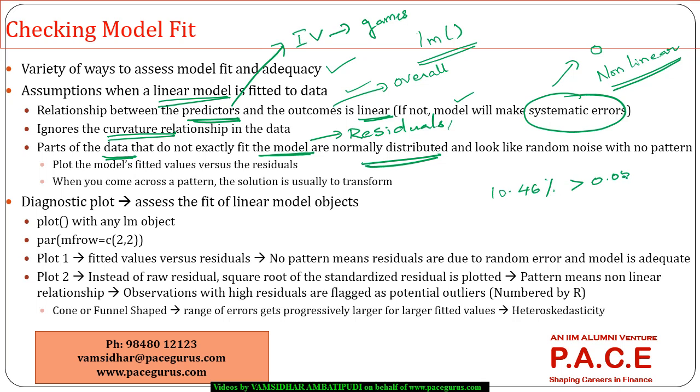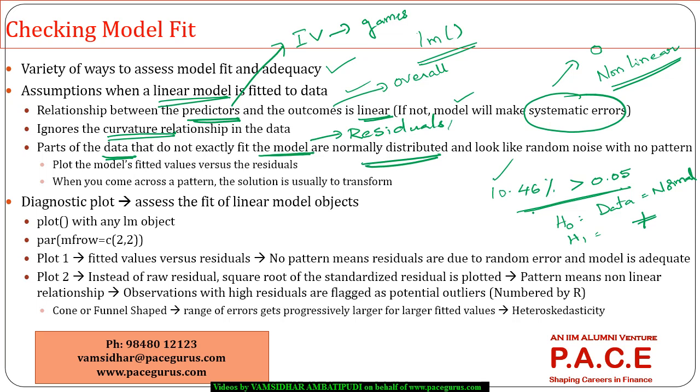So my decision is in favor of the null hypothesis. The null hypothesis is that the data fits a normal distribution, whereas the alternate is that the data does not fit a normal distribution. So I go with the null hypothesis, saying that my data, the residuals in this case, fits a normal distribution.